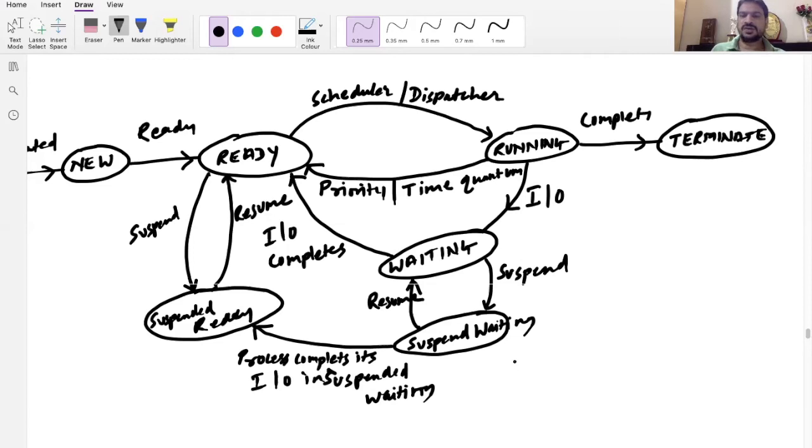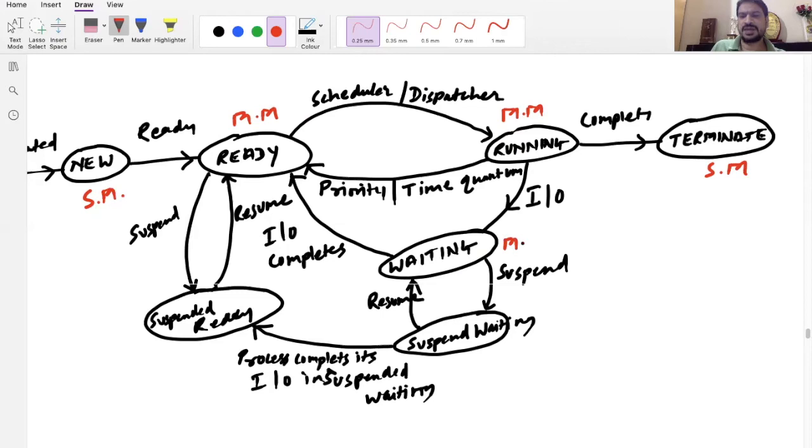So let me tell you which memory each state is in. As we have discussed, here it is secondary memory. Here it is main memory. We are running in the CPU, but still your process is there in the main memory. Terminated means it is in the secondary memory.